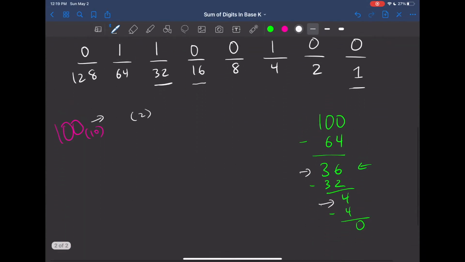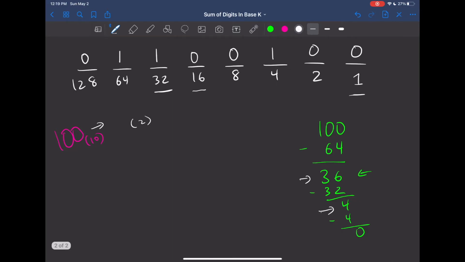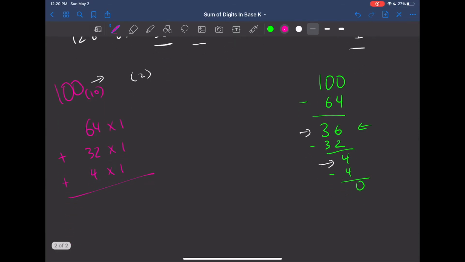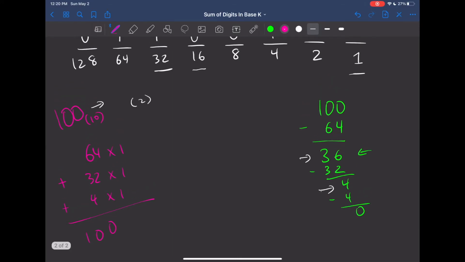So in our case, we have a 1 at 64, so I have 64 times 1, plus a 1 at 32, so 32 times 1, plus a 1 at the 4 place, so 4 times 1. And if we add this all together, we get 100. So this is how we would convert a number from base 10 to a number of base 2.